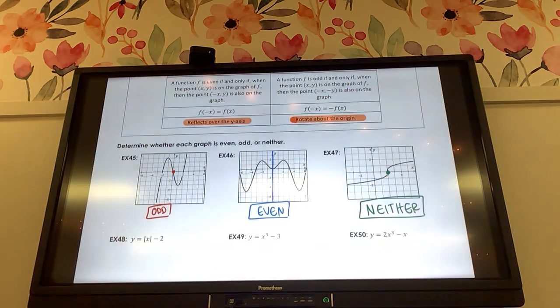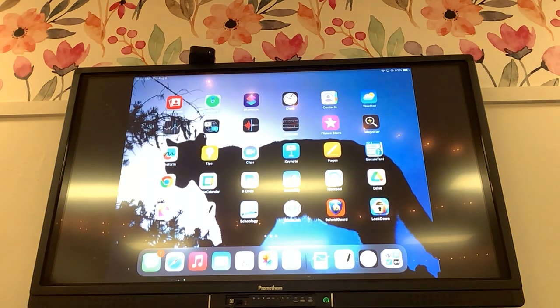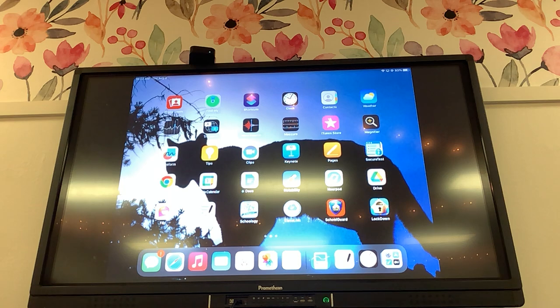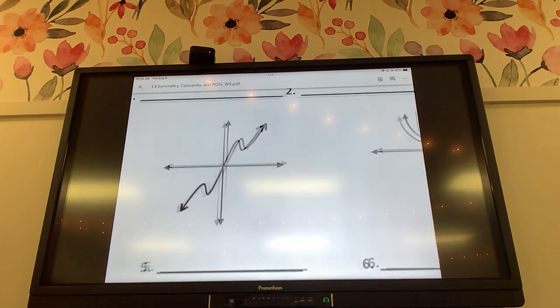You can flip it. Five is odd, because if you flip it over, it's the same thing. The dot is in the same spot. So yeah, 5 is odd.